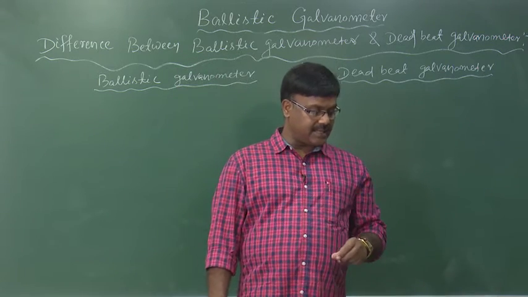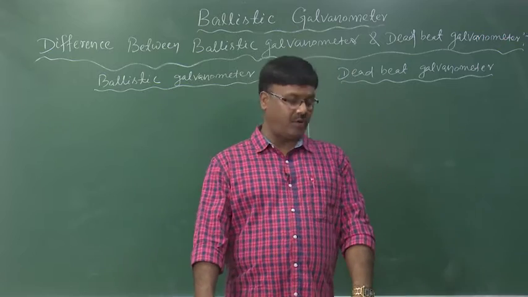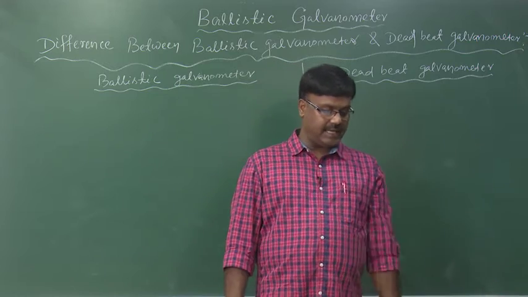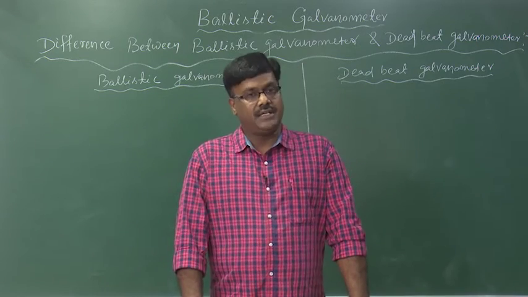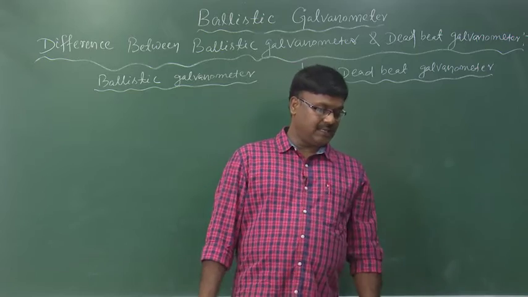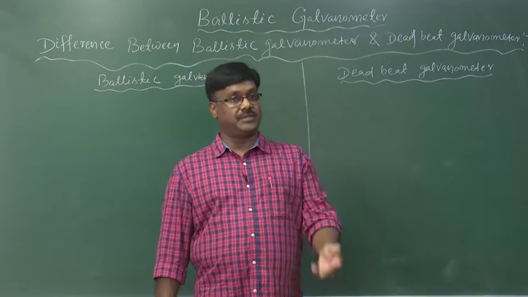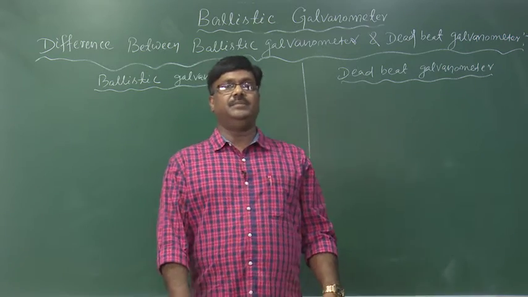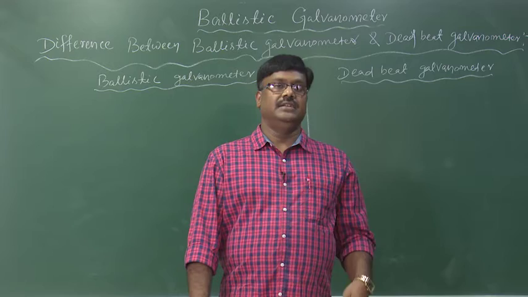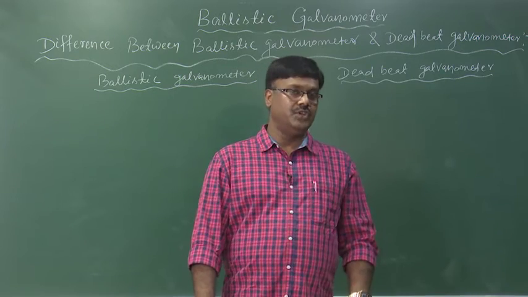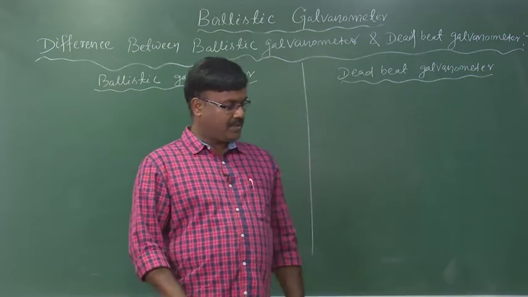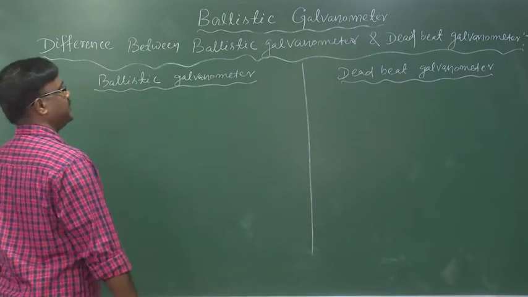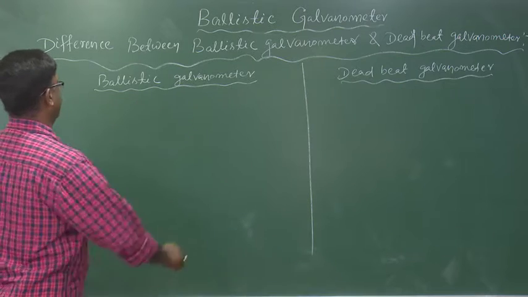The resistance of the circuit including that of the coil is very large in case of ballistic galvanometer, whereas in case of a deadbeat galvanometer it is very small, and the coil has a large number of turns wound on that frame, whereas the deadbeat galvanometer has very few turns wound on the frame. So, let us have a discussion about the ballistic galvanometer and the deadbeat galvanometer.